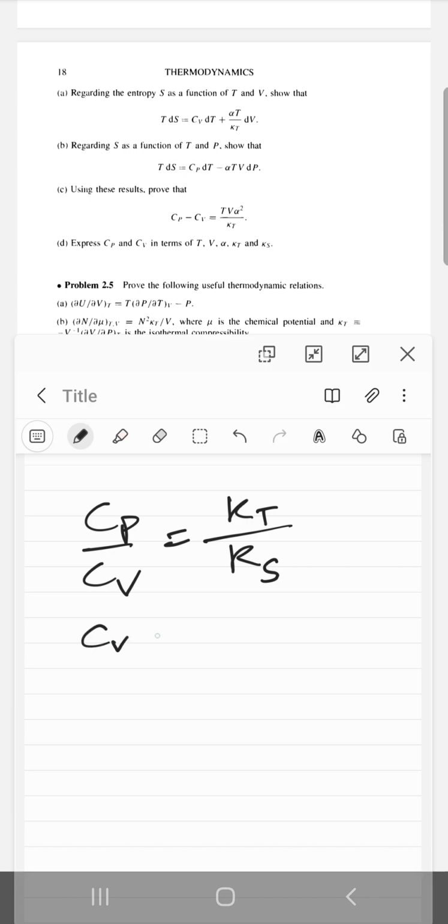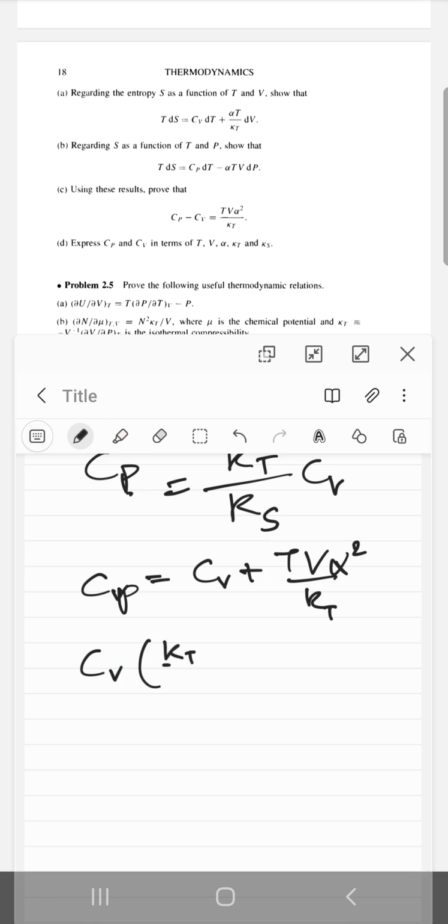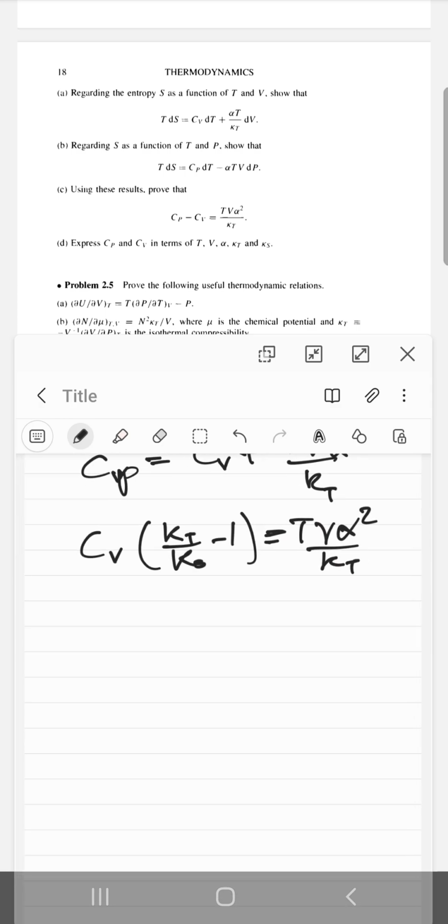We also know that Cp is equal to Cv plus this whole quantity Tv alpha square upon Kt. So we can use this to get the whole thing. Cp is equal to this times Cv, so we put that in. We get Cv times Kt upon Ks minus 1 is equal to Tv alpha square upon Kt. Put that in the denominator, so Cv is equal to Ks upon Kt times Tv alpha square upon Kt minus Ks.